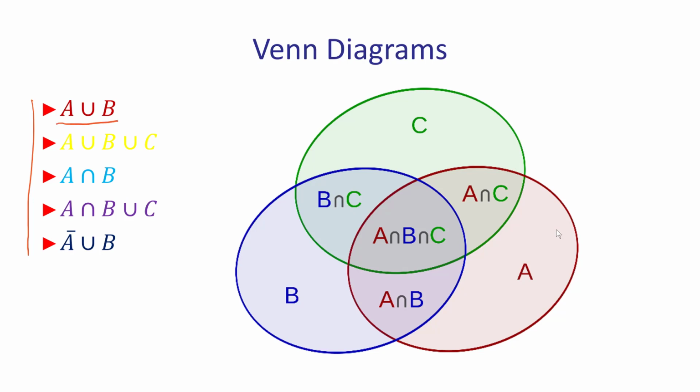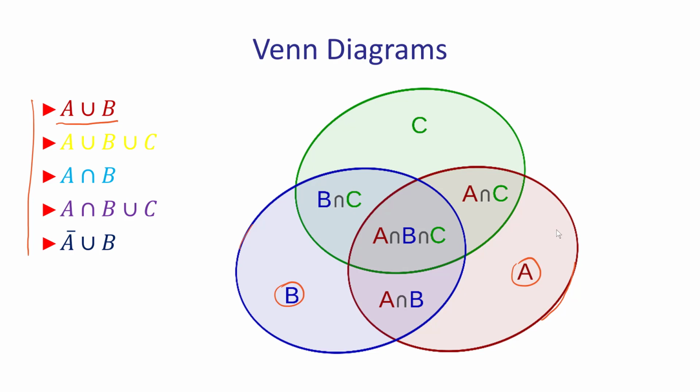So we want A union with B. So this is A, this is B. You want basically all of the elements which belong both to A and to B. So let's draw that boundary. So all of the elements of A are inside of that brown thing, and all of the elements of B are inside of that blue thing.